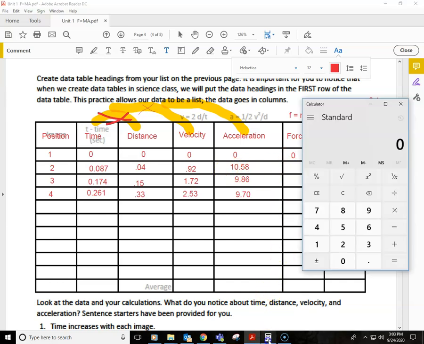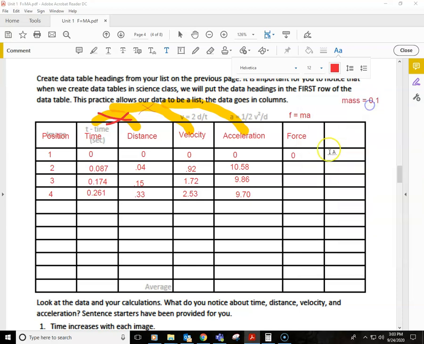10.58 times 0.1 equals 1.058. I'm going to round that off to 1.06. The 8 is a little bigger than 5, so I make this 1.06.